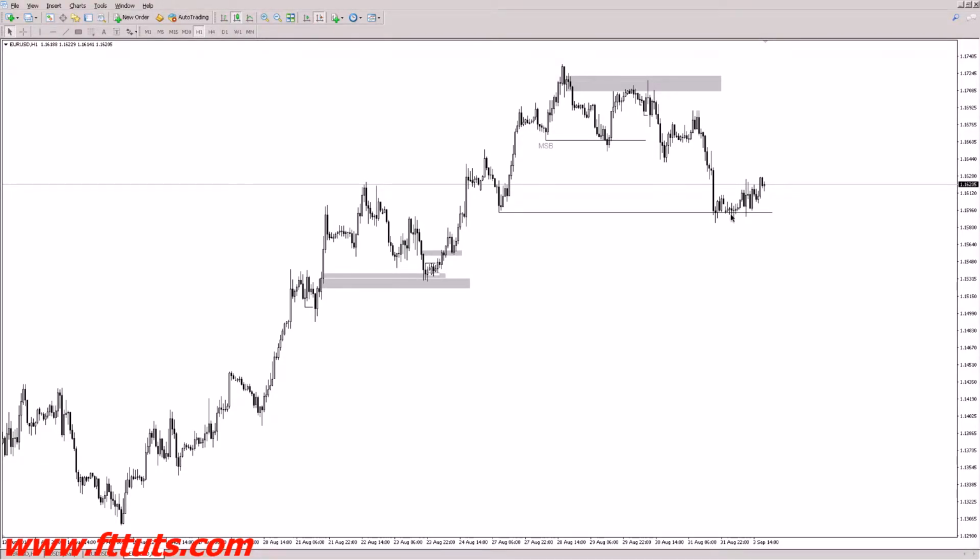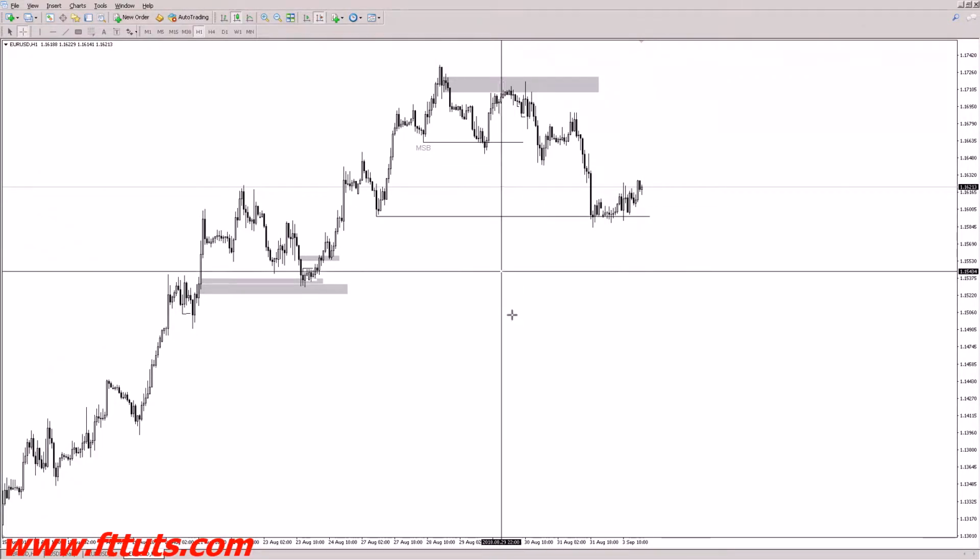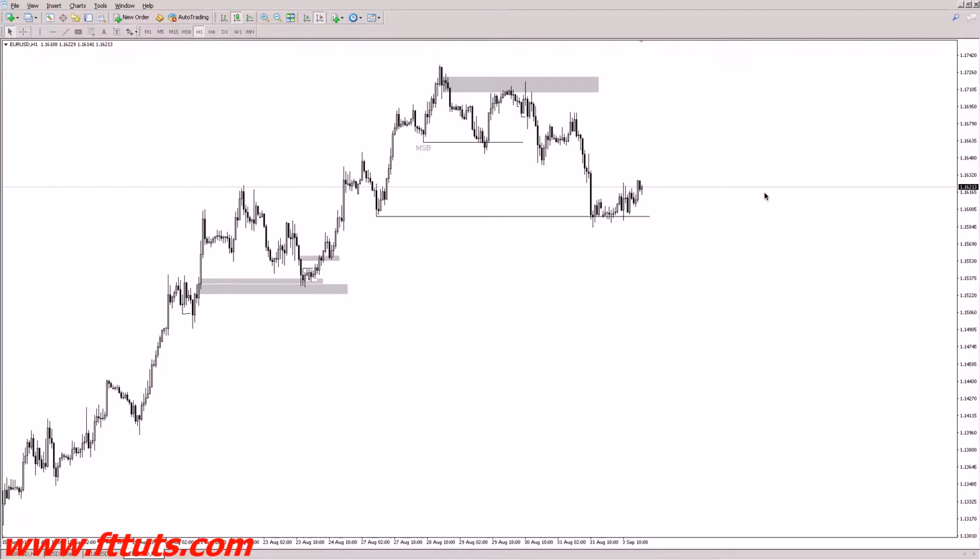And guys, I want to just make this really clear. You can use this strategy on virtually any time frame, but I think it's most effective on the intraday time frames, right? So your 15-minute, 5-minute, hourly time frames. I'm saying this just because I think this strategy is more of a scalping strategy.